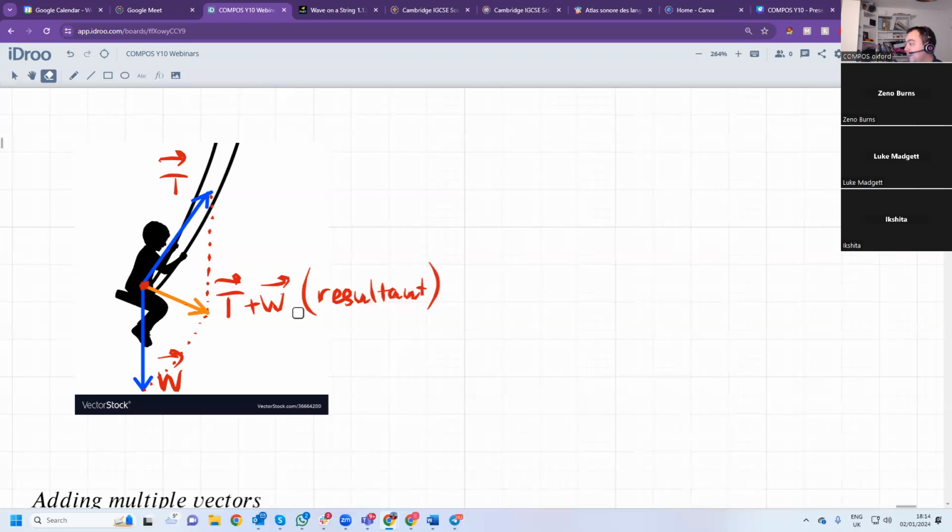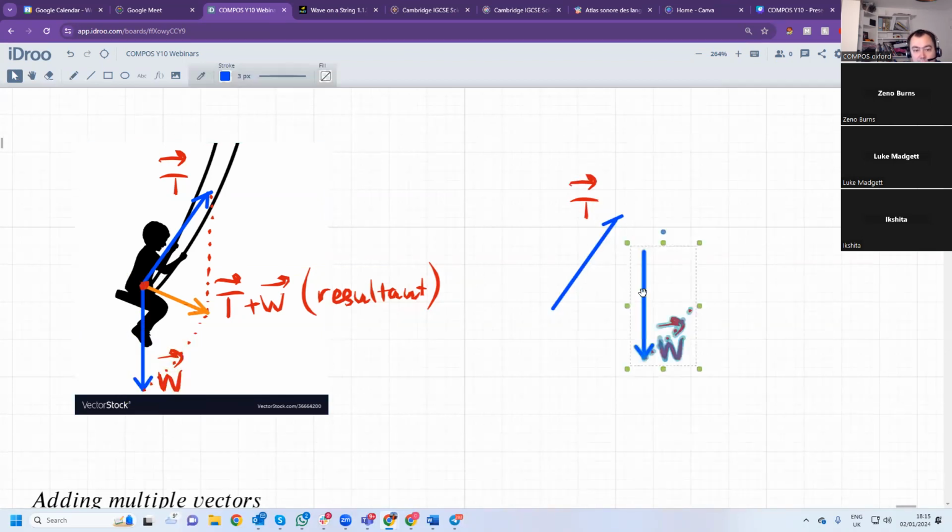Okay, is that clear? Any questions? You could do it the same way, but using the triangle rule. You could say, okay, I got this force, I got this force, I got this force, and you draw it from the end.